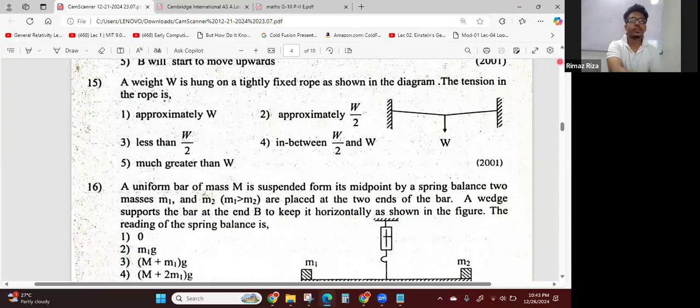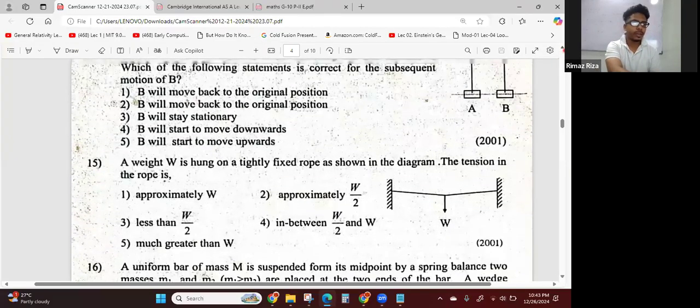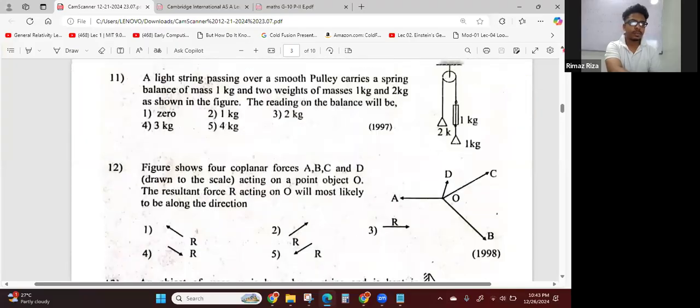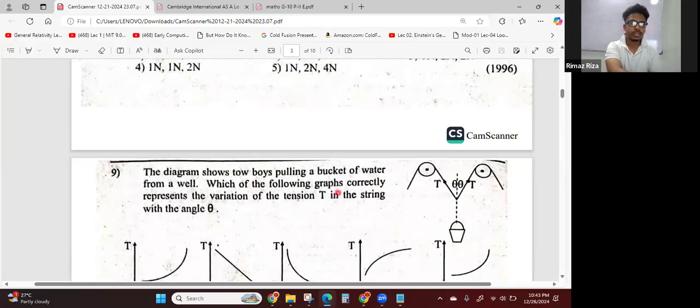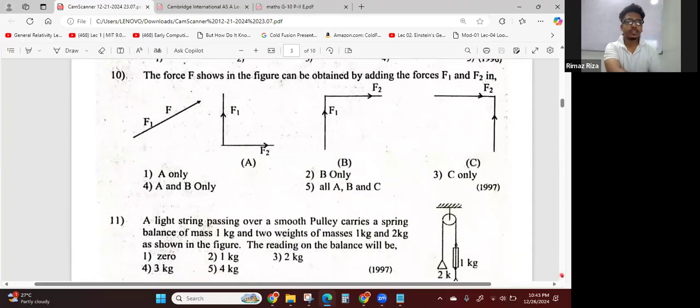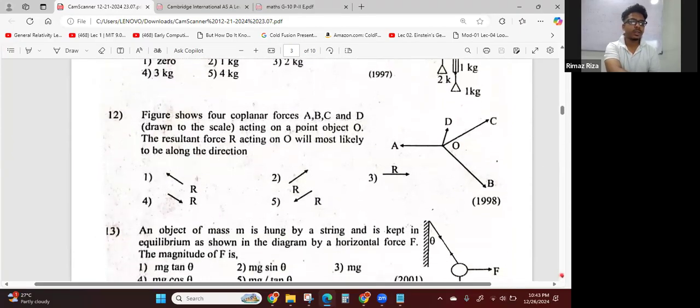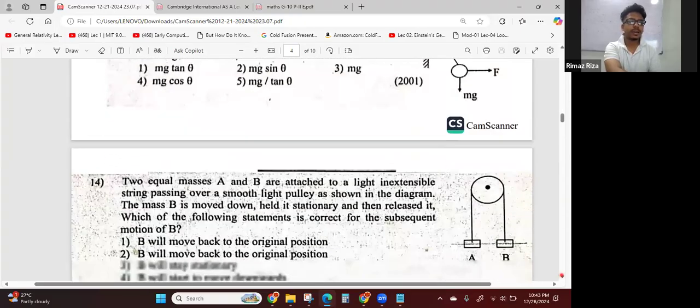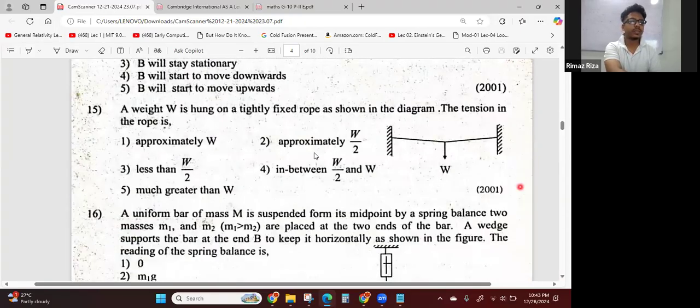Those who are attending the 2001 past paper, if they have done the 1996 past paper and studied the explanations thoroughly, that person can write the answer for this in a second.